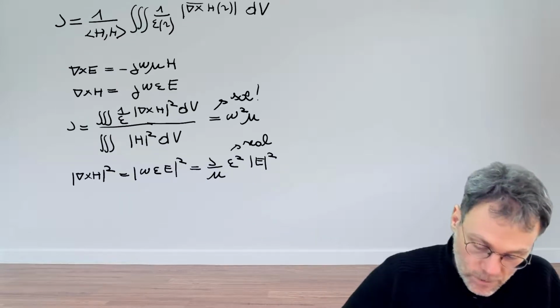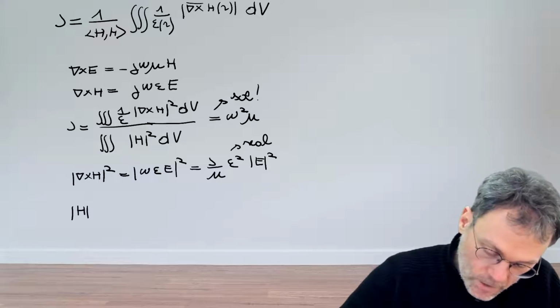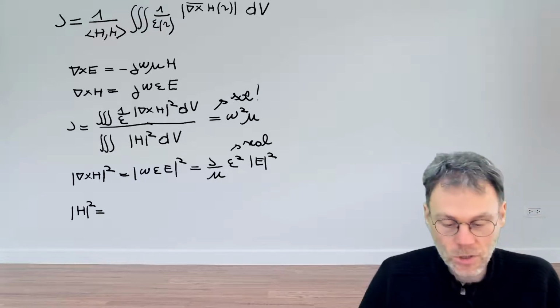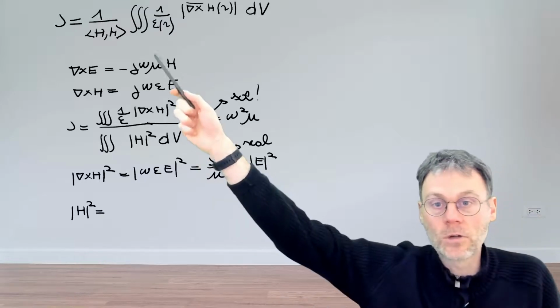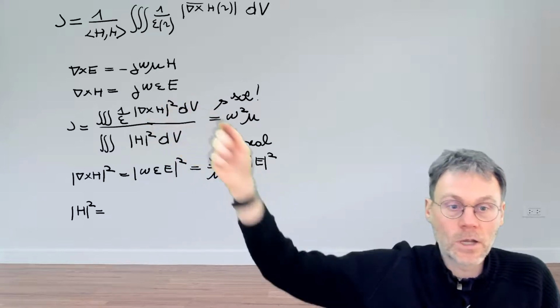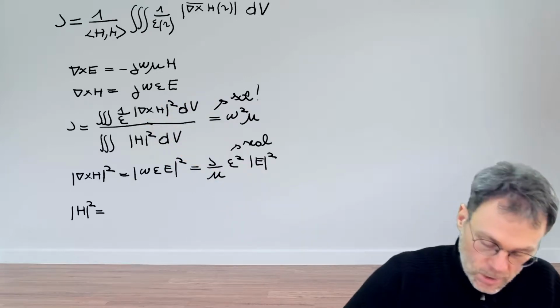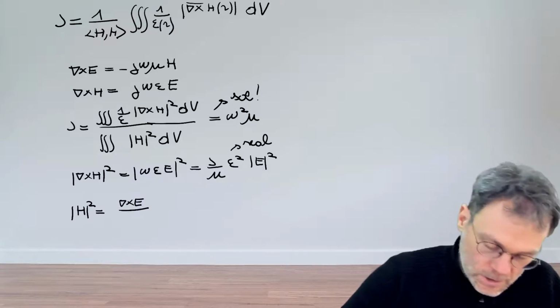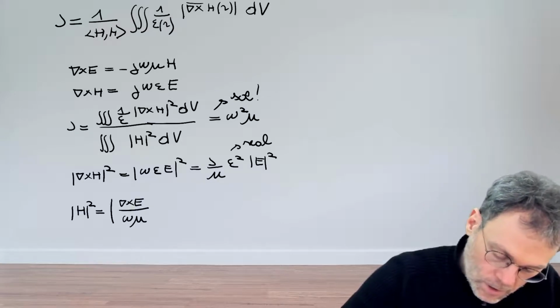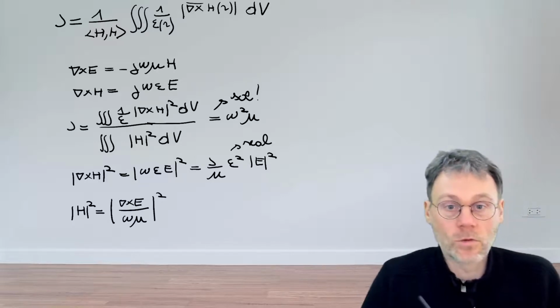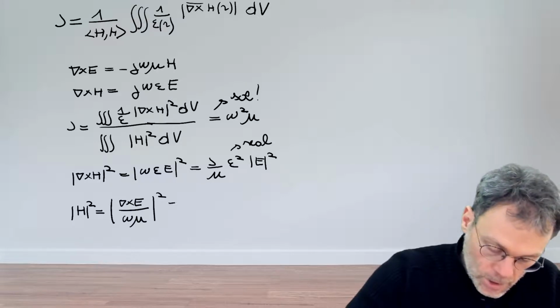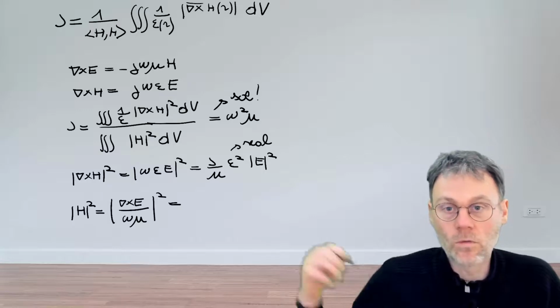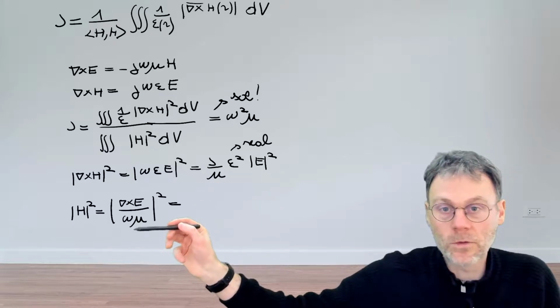Let's do something similar for the denominator. There we have the modulus of H squared. So now we need to look at this particular equation over here to transform that. This will become the curl of E divided by omega mu, and then the whole thing modulus squared. Now let's have a look at 1 over omega squared that we will have.